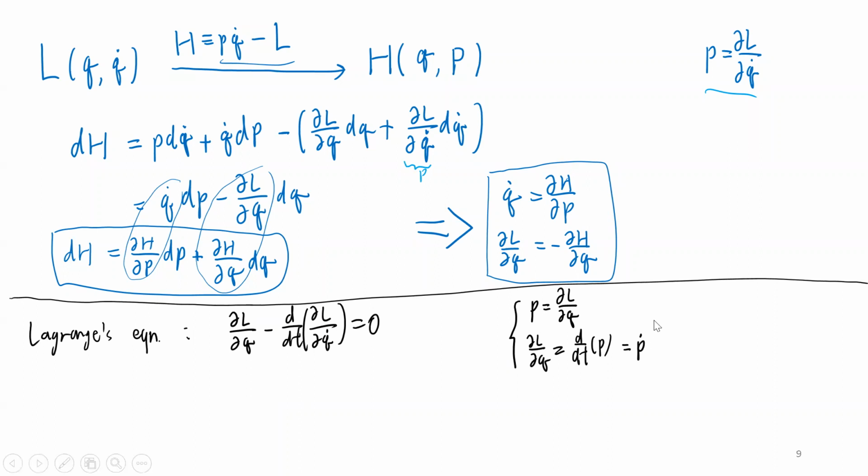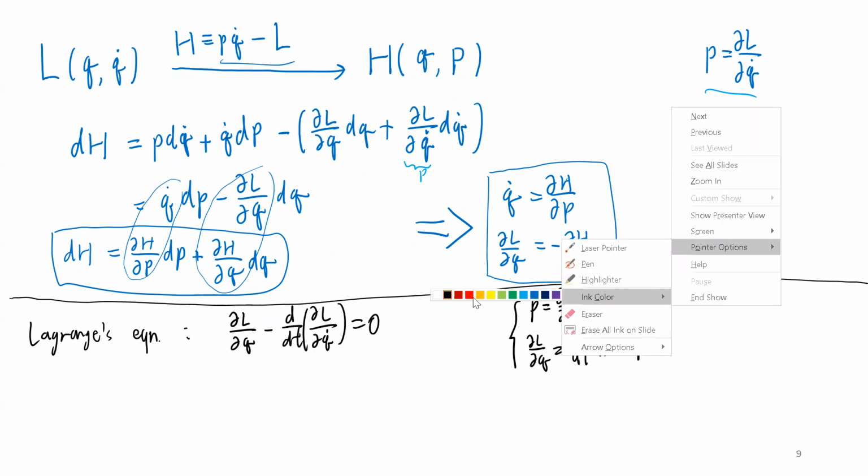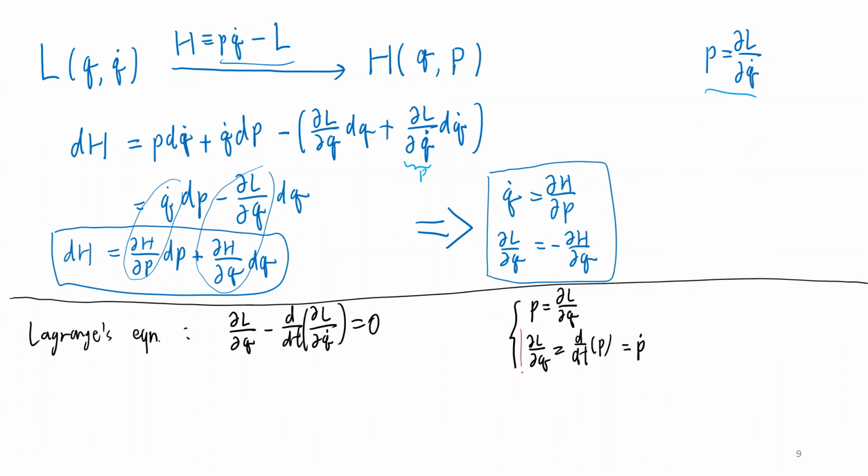So now, if you use this to plug it back into this equation here, then we get a pair of equations, which I want to write them out again, which is this one.